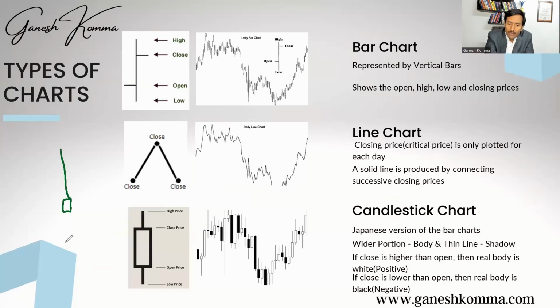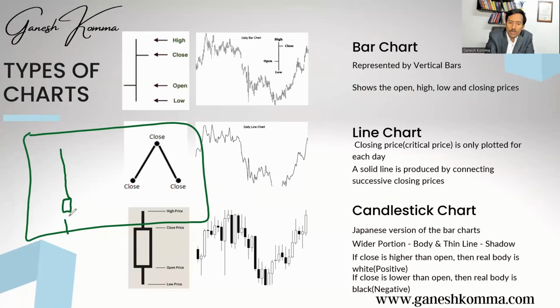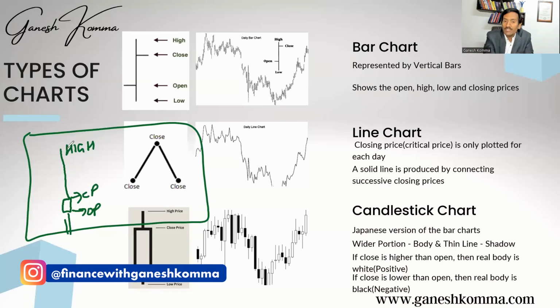And if this is your chart, you'll have a strong volume also on that day, which means on that particular day the stock has gone to a very high price. It did not sustain, meaning the buyers were not able to sustain that price. Sellers were also there, profit booking has happened, and finally it settled here at the closing price. This is how you will be able to interpret. This is the opening, this is the closing, and this is the day high.